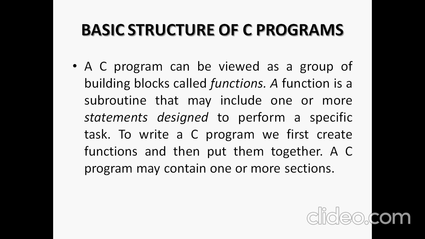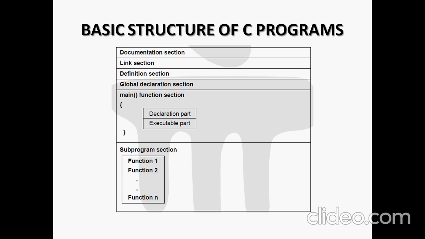In this slide you can see the basic structure of a C program. We have a total of 6 sections. The first section is the documentation section, second is the link section, third is the definition section, fourth is the global declaration section, and fifth is the main function section. In a main function we have an opening and closing curly brace.